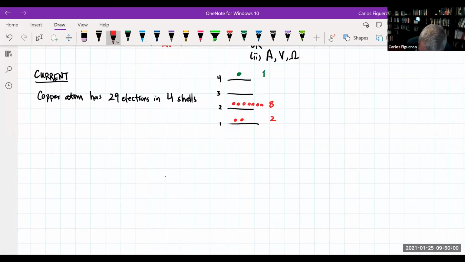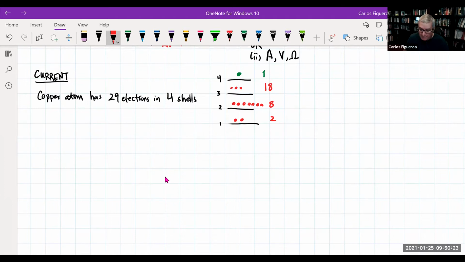So that means in this shell here, what is that? So 29, that's got to be 18. There's 18 electrons on the third shell.